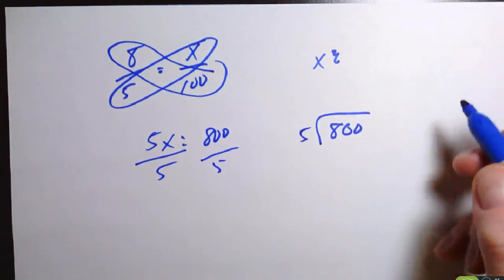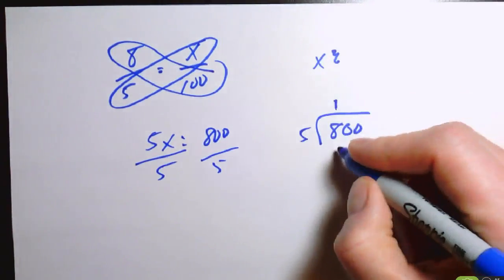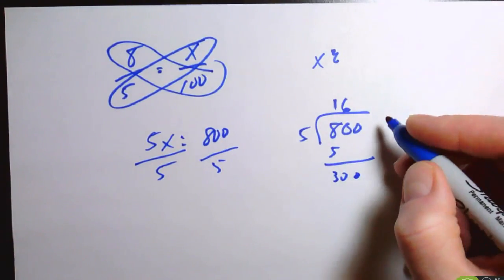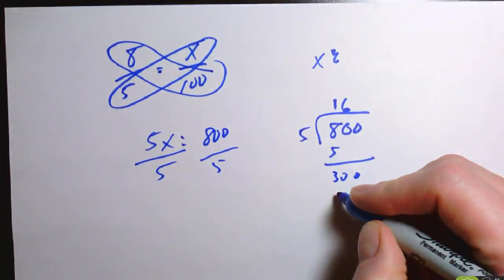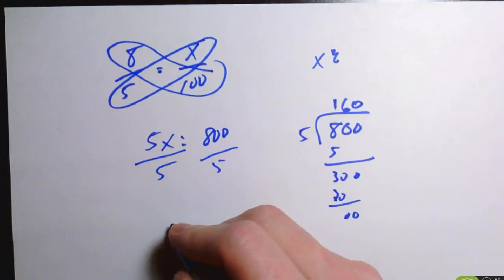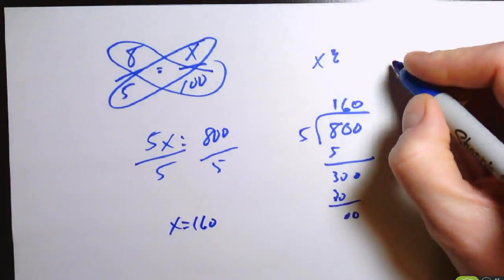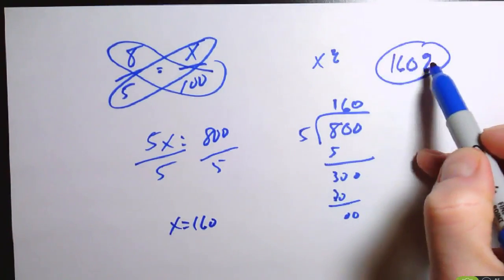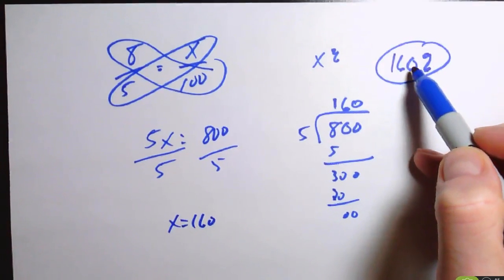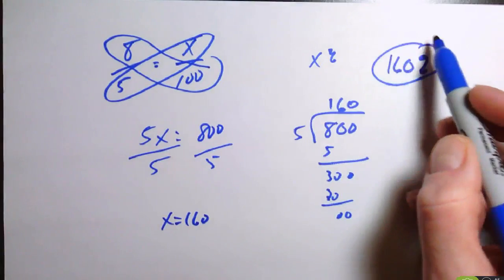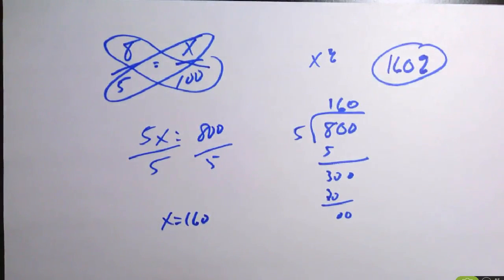I think it's 160. Yeah, x equals 160, so 160%. Notice we got over 100%. We'll talk about what that means when we start doing real percent problems. It was bigger on top than on bottom, and that's okay. We just got a percent more than 100.